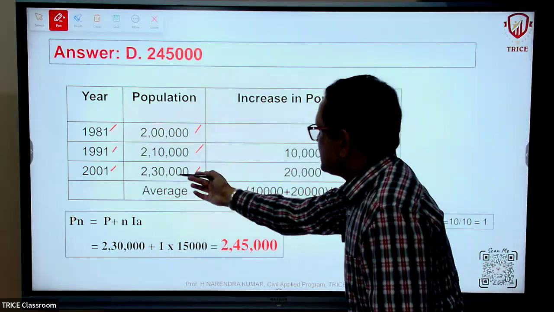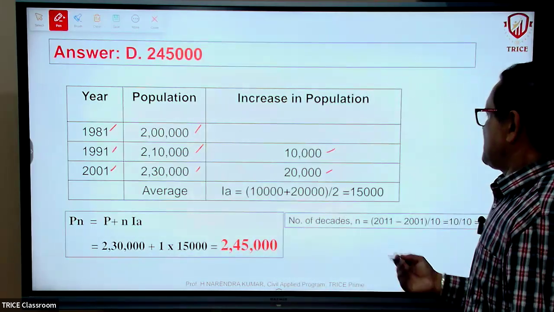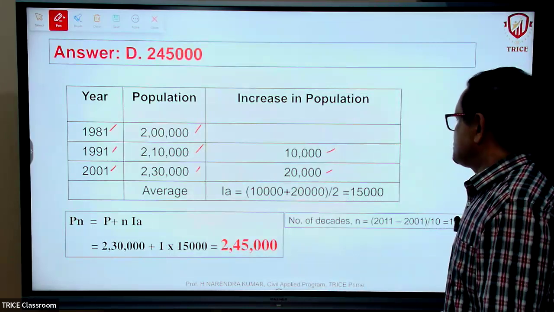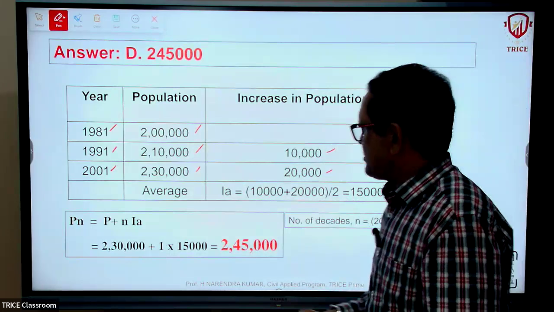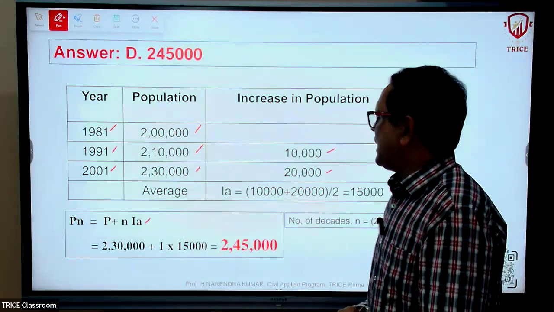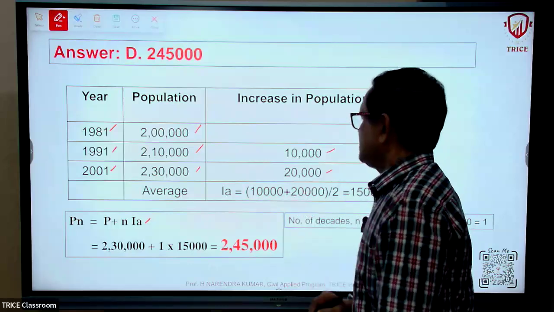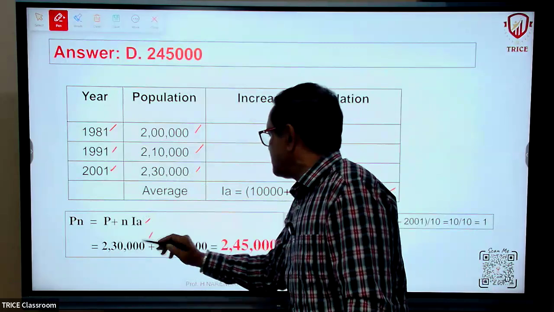So next is 2,30,000 minus 2,10,000. It is 20,000. What is the average? Add those two, divide by 2, so 15,000. What is the formula for the arithmetical increase method? Pn is equal to P plus n times Ia. This is the Ia value. What is P? The last decade population, 2,30,000.